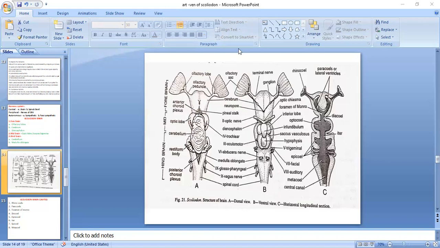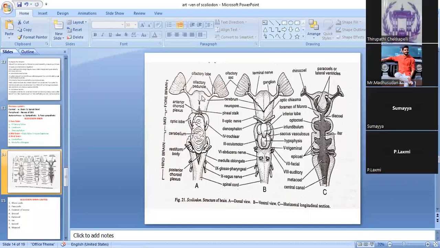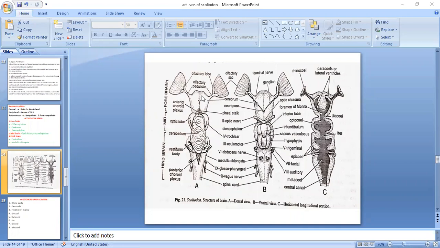So here the cerebrum is the major part. The mid-ventral part of the cerebrum contains an aperture called the neuropore, from which one pair of terminal nerves emerge.